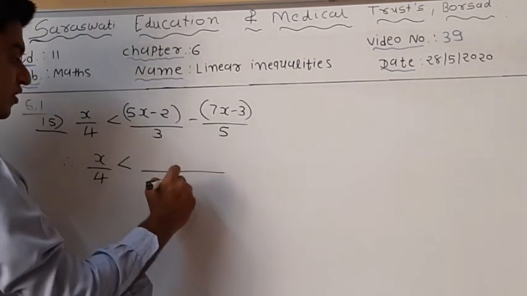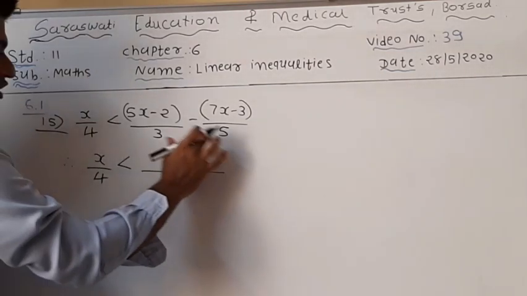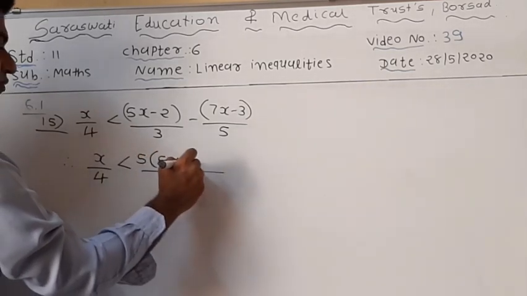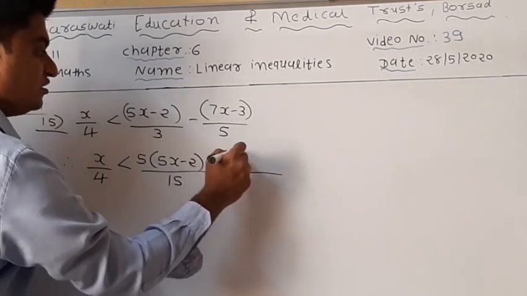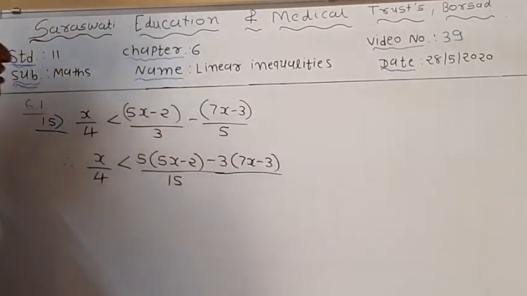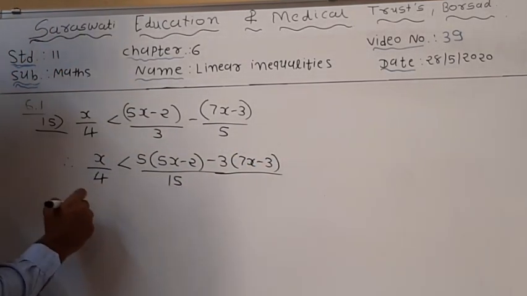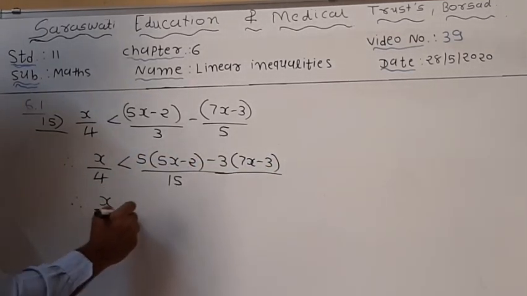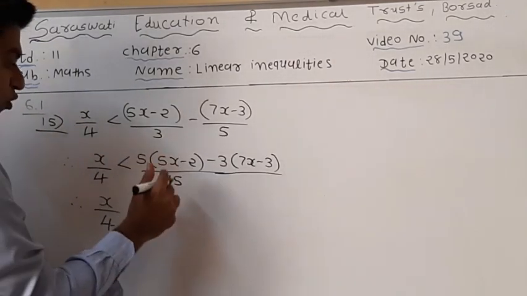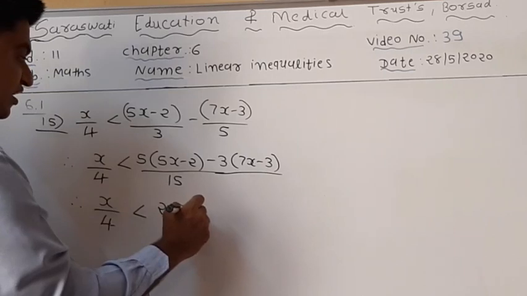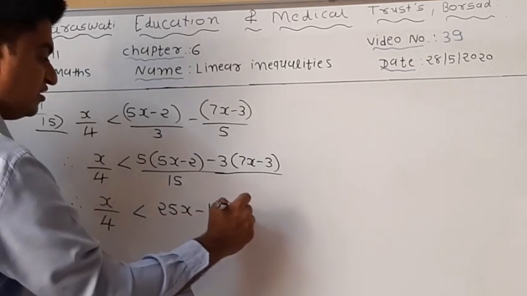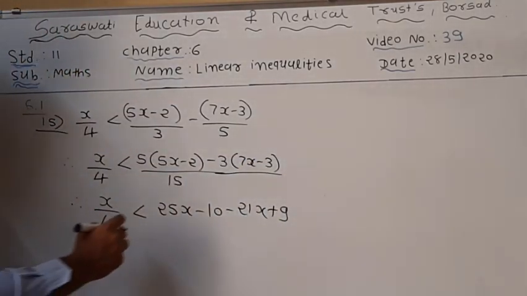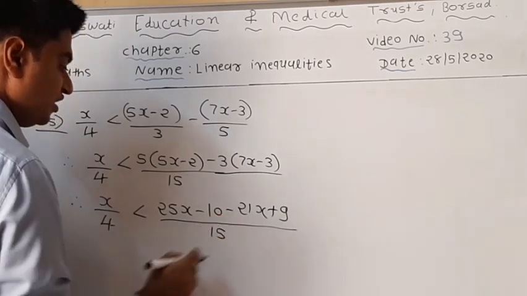So in the denominator we write 15. Now multiply by 5 here and by 3 here. So 5 times (5x minus 2) minus 3 times (7x minus 3). Now open this bracket and simplify. So x upon 4 is less than 20x minus 10 minus 21x plus 9 upon 15.